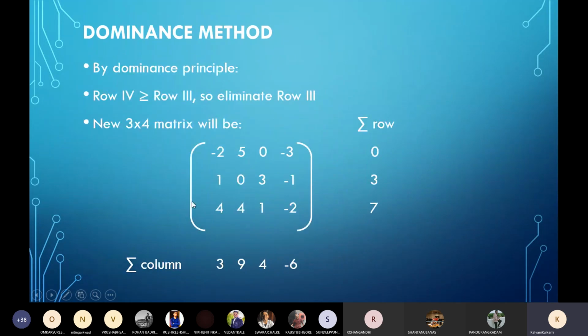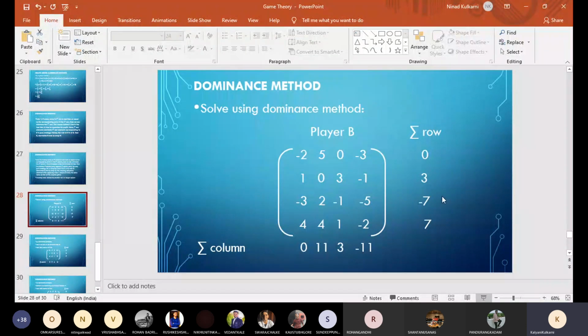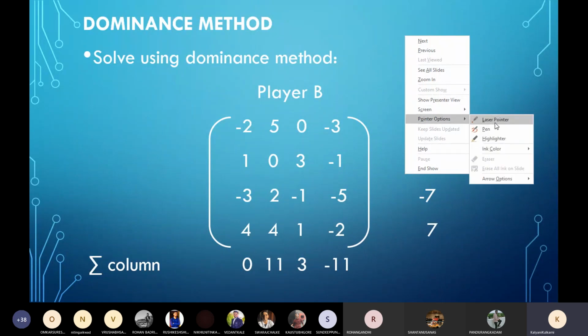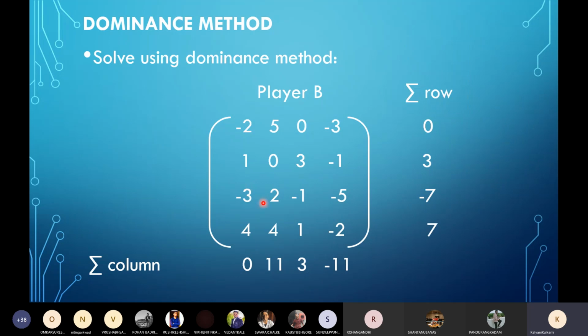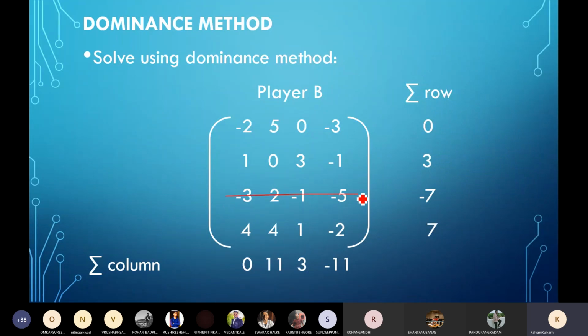So my next matrix will be a 3 by 4 matrix. I am going to remove this row completely. Just give me 1 minute. So this row is dominated by row 4; the minimum row is row 3 and the maximum row is row 4.